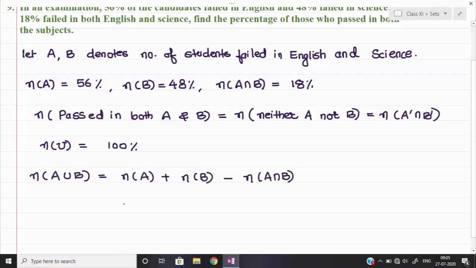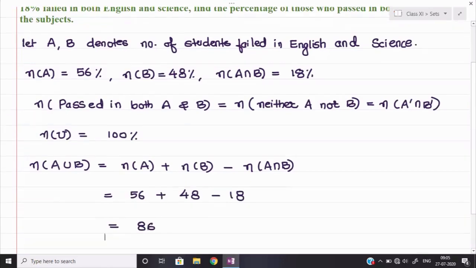Now we can put up the values. N of A we have 56 plus, don't apply the sign of percentage, we are calculating, minus 18. So 48 minus 18 is 30, and 30 plus 56, I think it will be 86.